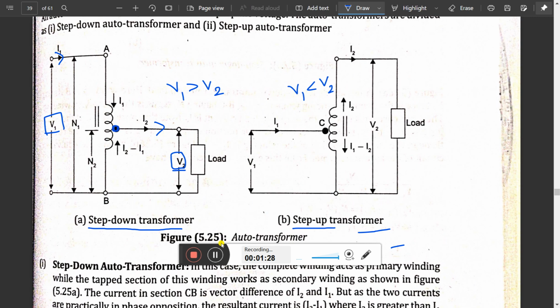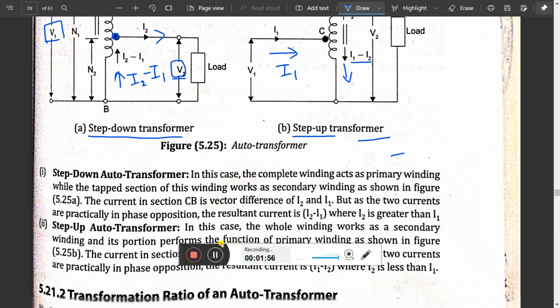When we look at this junction, the remaining current entering from the B point is I2 minus I1. Similarly, in this one, the entering current we assume is I1 and the leaving current in the secondary is I2. In between, there is a difference in current, I1 minus I2. These are the basic circuit diagrams for the step-up transformer and step-down transformer.